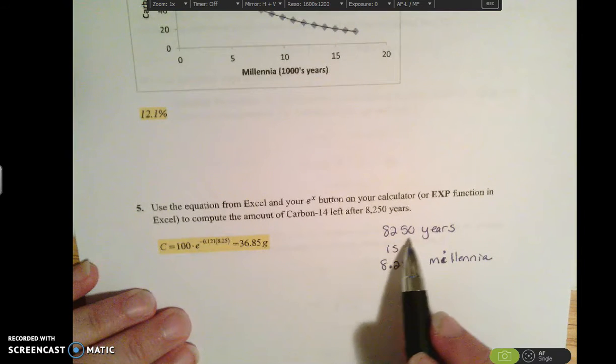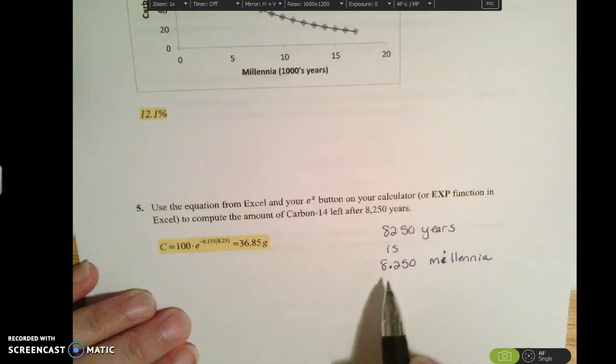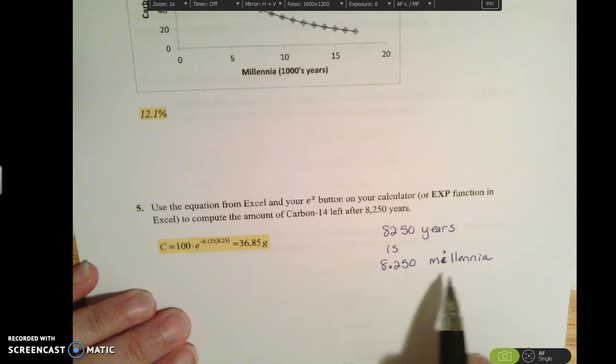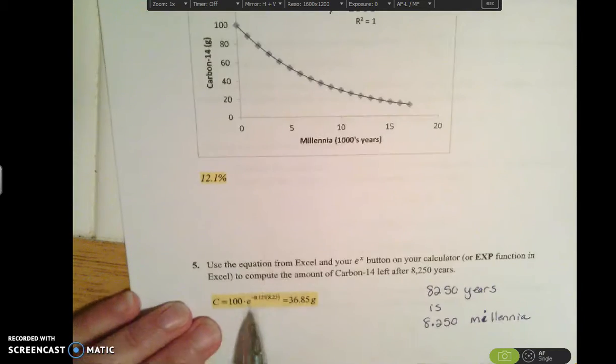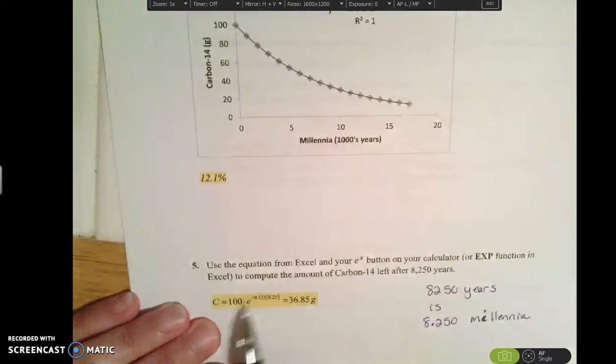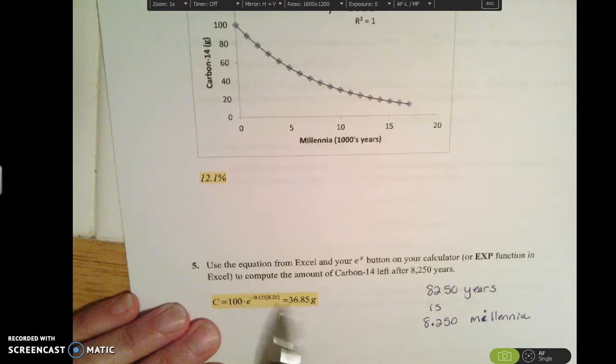So 8,250 years is 8.25 millennia. When I do my problem, I'm using this formula up here. I'm doing 100 times e raised to the negative 0.121, parentheses, is my time, 8.25.